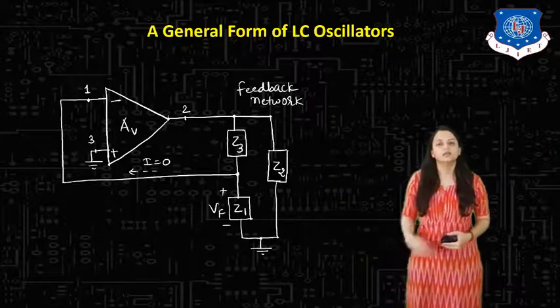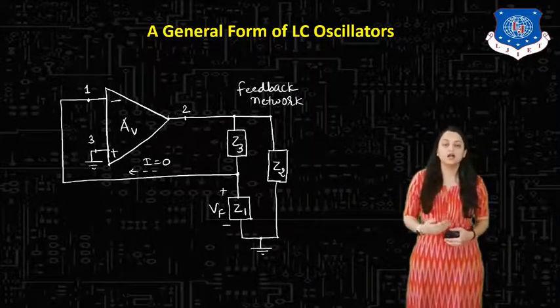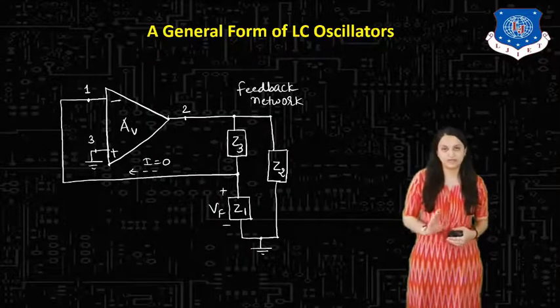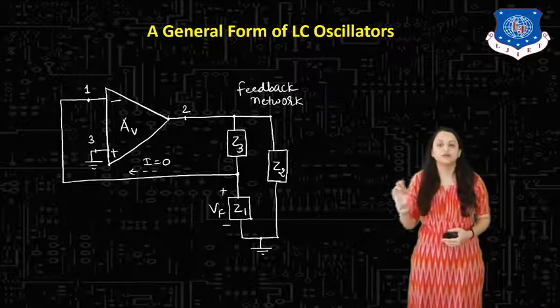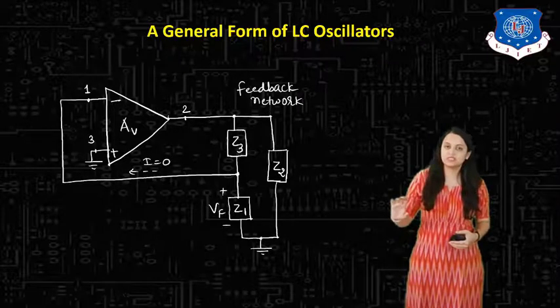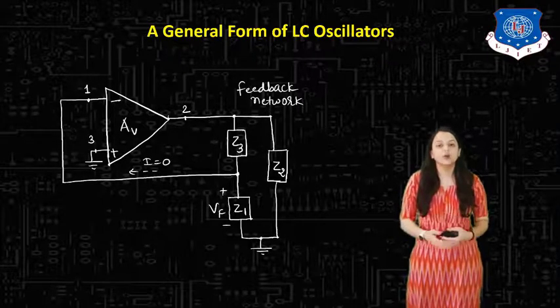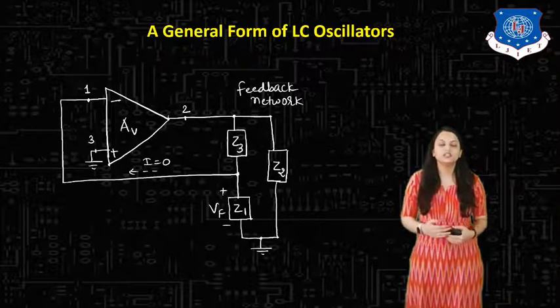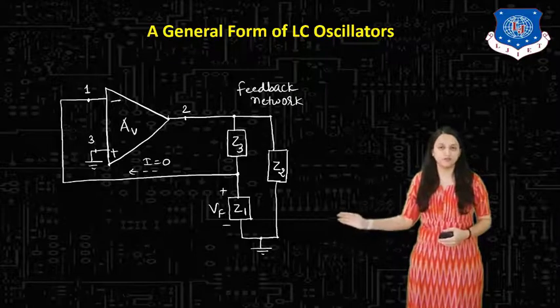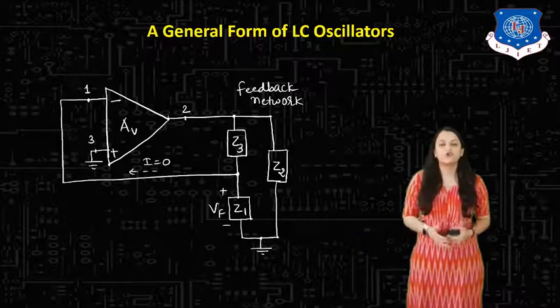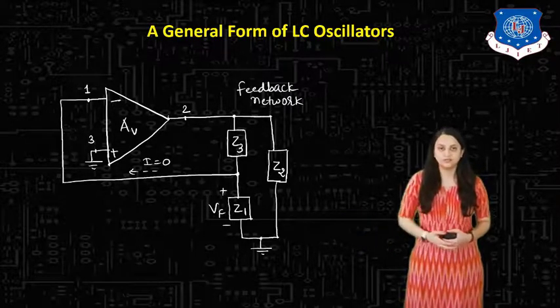Now here, Z1, Z2 and Z3 are inductors or capacitors. Based on the device's place, that means whether Z1 is an inductor or capacitor, and likewise, according to the feedback network, different oscillators are designed. So this is the general form of LC oscillators. Based on this, we will see different oscillators.